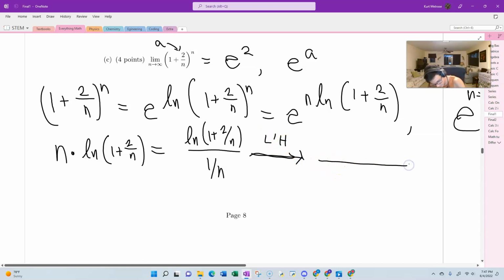So if you take the derivative, or let's just say d/dn, you're taking the derivative of the top and the bottom separately. What do you get?